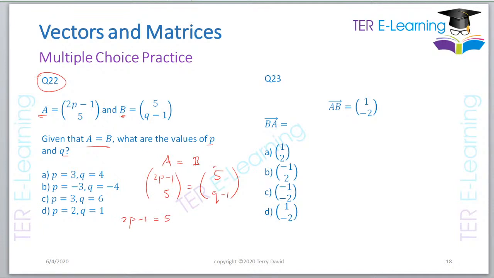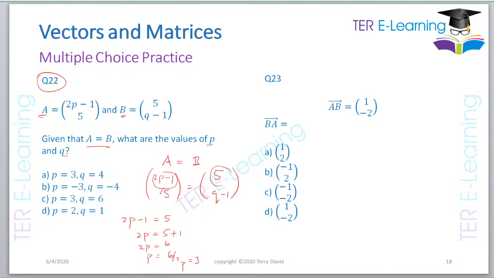That's this 5 on top we're talking about. So 2P is equal to 5 plus 1. So 2P is equal to 6. So P is equal to 6 over 2. Therefore P is equal to 3. So we worked out P.